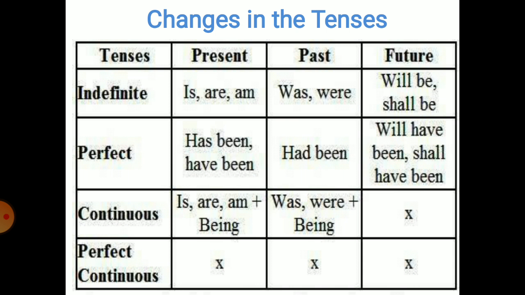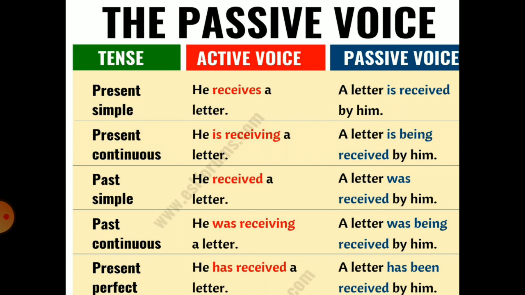Because the subject changes to object and object changes to subject. A letter is object here in active, it will come forward. Now letter is singular. A letter is received, third form of verb, and used by, he changes to him. So the passive form of he receives a letter is: a letter is received by him.